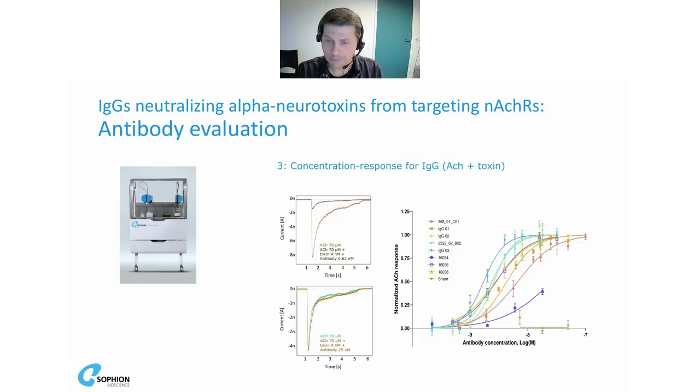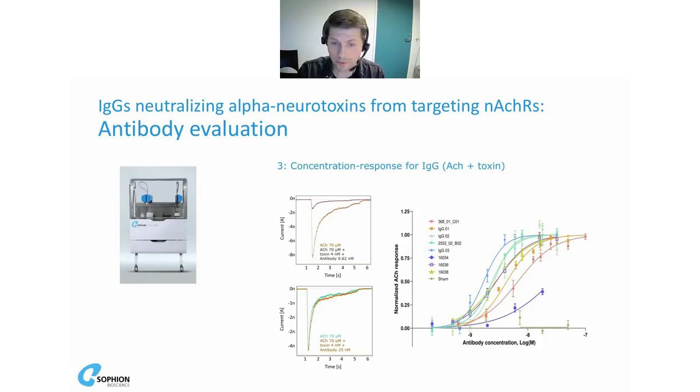When looking at the antibodies, they could indeed neutralize the current-inhibiting effect of the toxins. First, you see a raw trace of the acetylcholine response and how it is inhibited by alpha-cobratoxin. In the second window, you see how this inhibition is cancelled by the neutralizing antibodies.